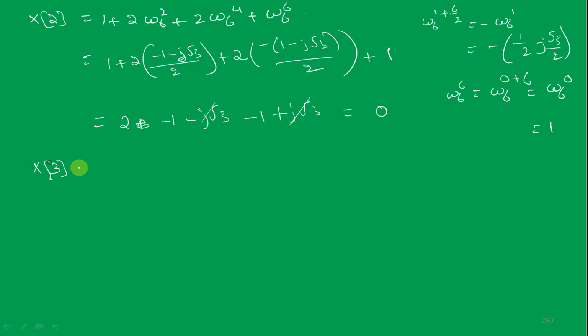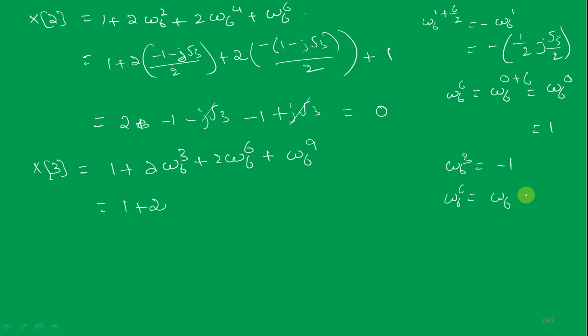Now X of 3, same thing. 1 plus 2 W6 power 3, 2 W6 power 6, W6 power 9. What is W6 power 3? Minus 1. Similarly, W6 power 6 is 1.